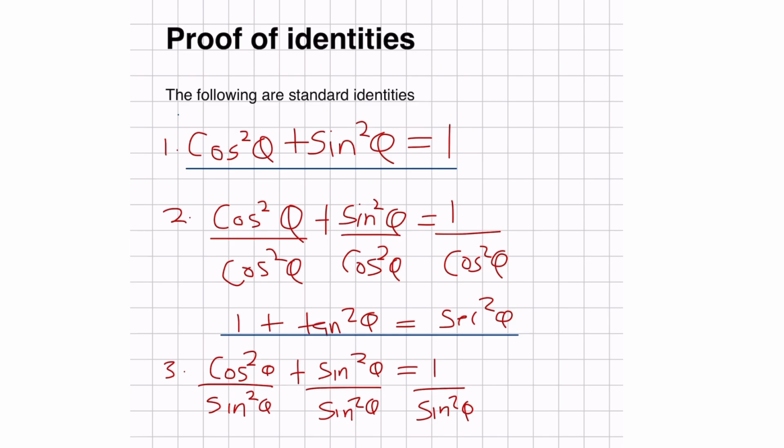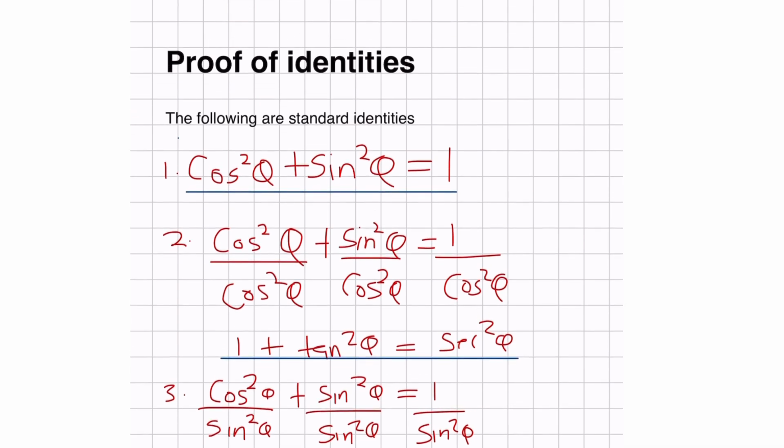The basic standard identities that are given to us: the first one is cos squared theta plus sine squared theta equal to 1. This is a basic standard identity that you've got to keep in mind. To derive other identities, we can just divide.